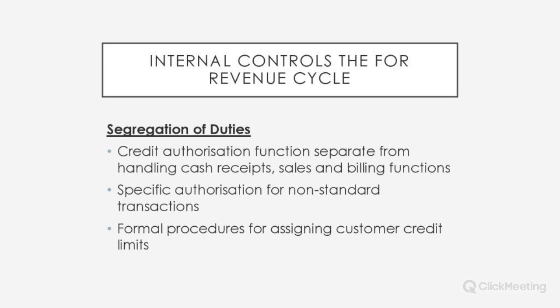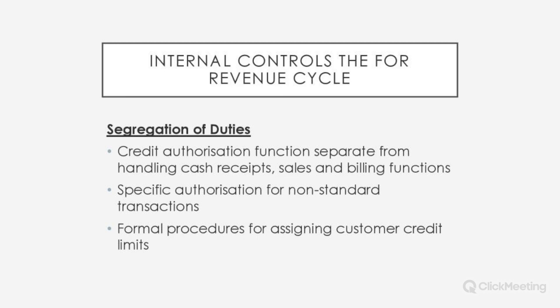Say, for instance, a business has received a request from an existing customer to increase their credit limit. Now, the accounts receivable officer should not have the permission to increase the credit limit within the system. Hence, there should be a formal procedure that the manager or the finance controller approves that increase in customer credit limit.